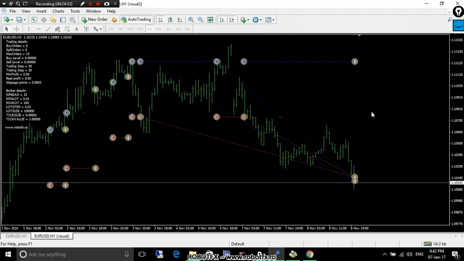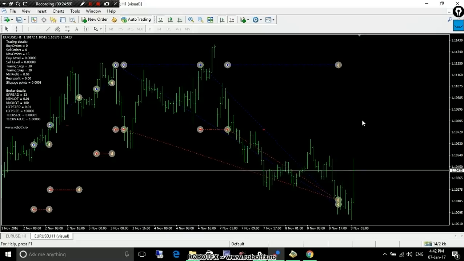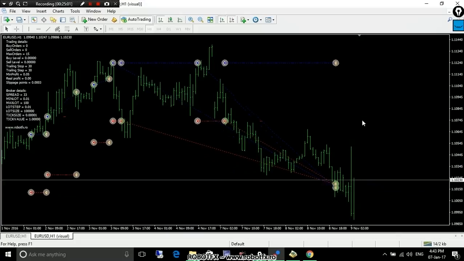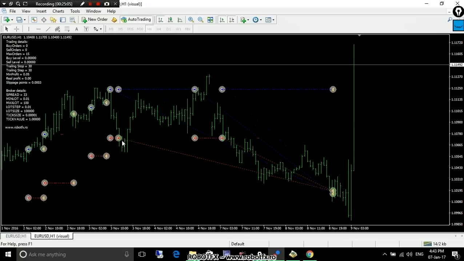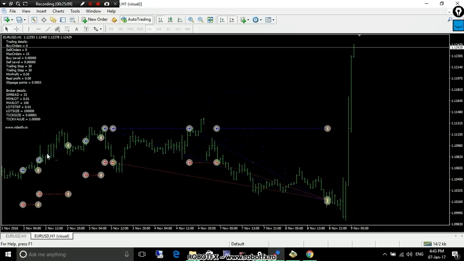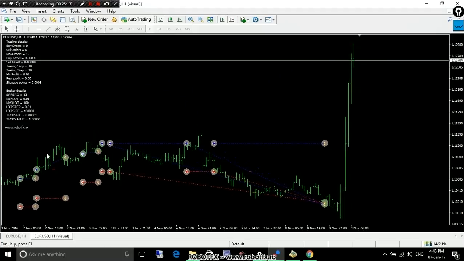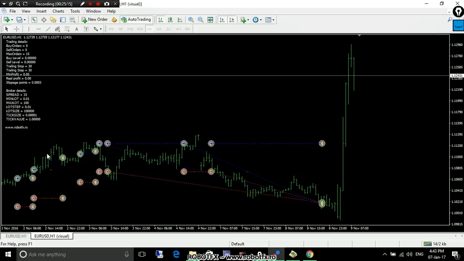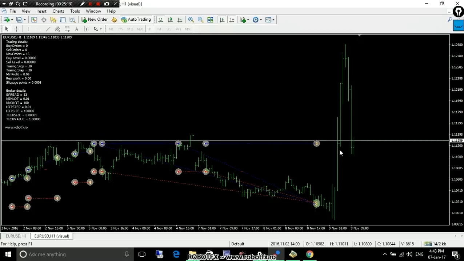And another thing to mind here, I don't know if it will happen now, let me see. Anyway, it closed this basket of trades at basically break even, which is good, because immediately after that the price, what it did.